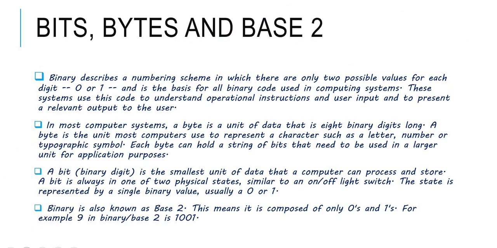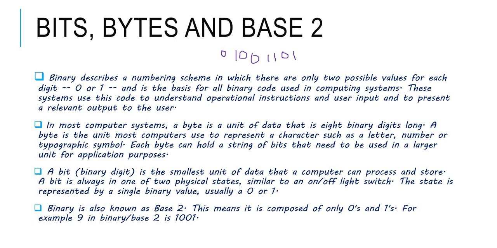Now, bits and bytes. A binary number is denoted by 0 and 1. If this is my binary number, a binary number only ever contains zeros and ones.